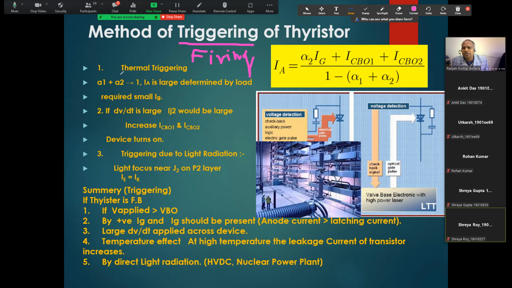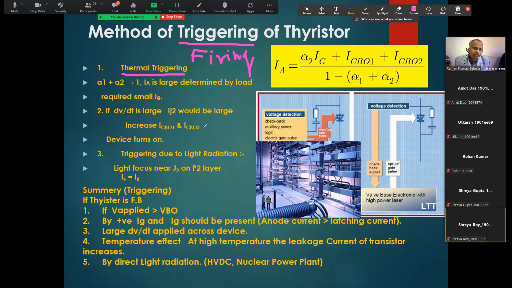The first is thermal triggering. Thermal triggering means that as soon as you increase the temperature, alpha 1 and alpha 2 tend to 1. The temperature of the junction J2 increases, so automatically there is a larger leakage current.